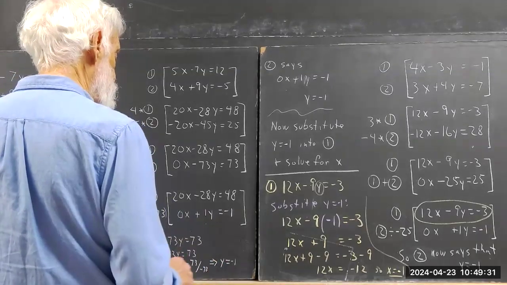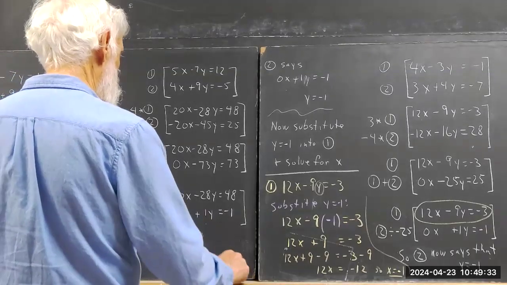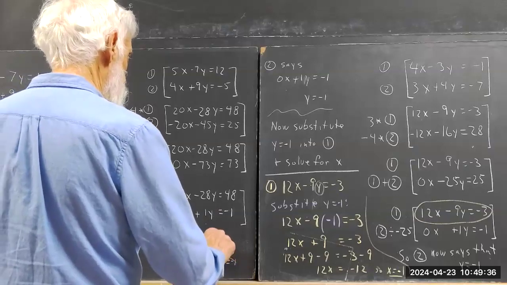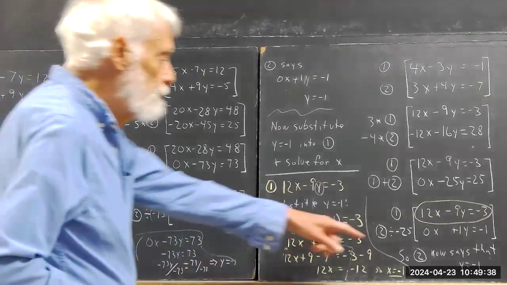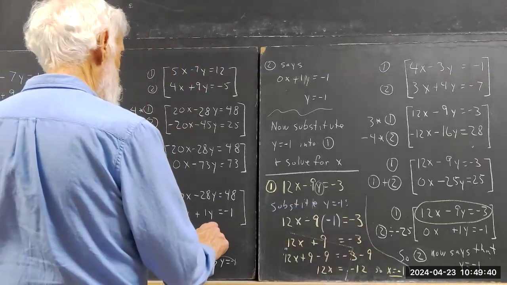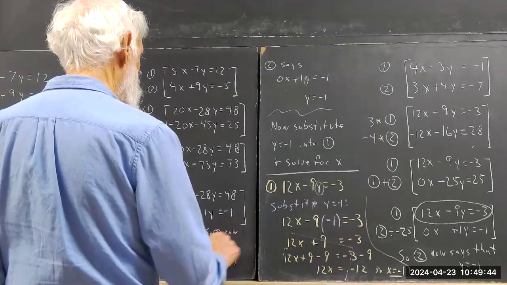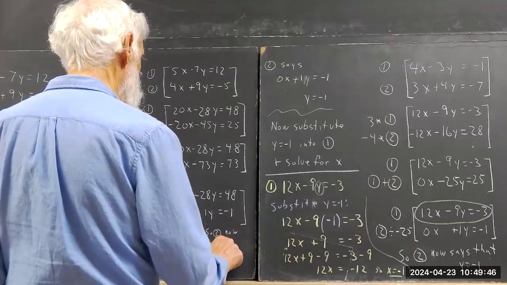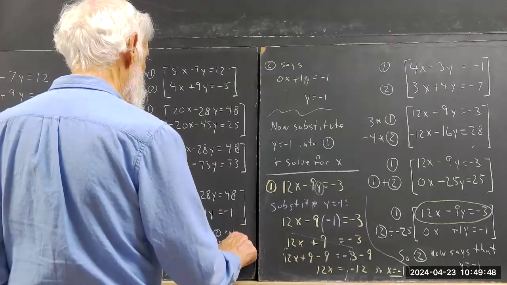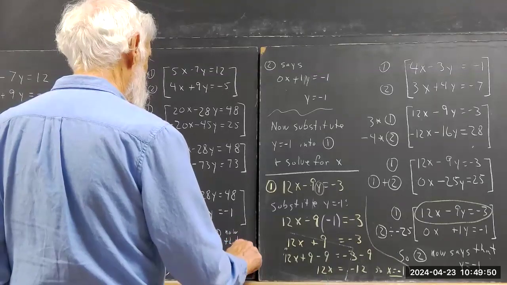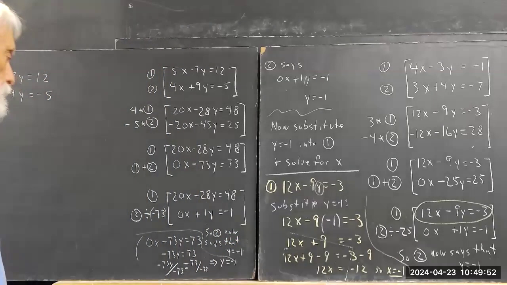So this tells us, writing out every word, equation 2 says y equals negative 1.